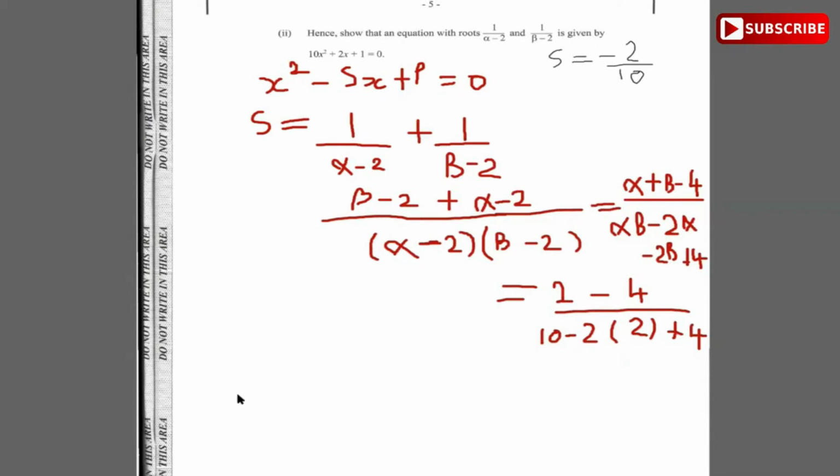Now their product P is going to be equal to 1 over alpha minus 2 times 1 over beta minus 2. So 1 over alpha minus 2 is multiplied by 1 over beta minus 2. When I multiply these two, what am I going to get?